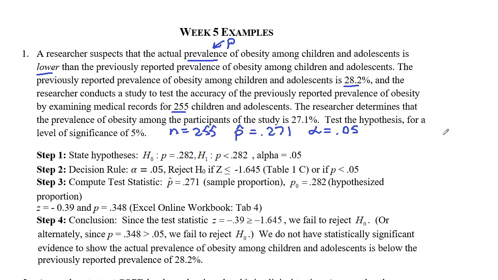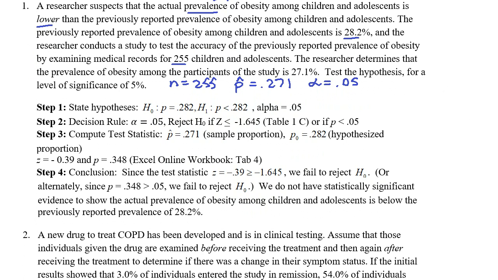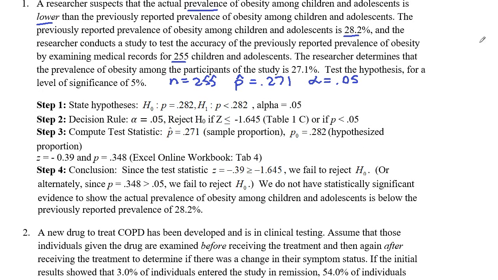So you can also compute those by hand, but it's much less work to use the Excel online workbook, and probably more accurate, because it's less likely you'll make mistakes. Step 4 is to state your conclusion. So our test statistic is negative 0.39, and that is greater than or equal to negative 1.645.